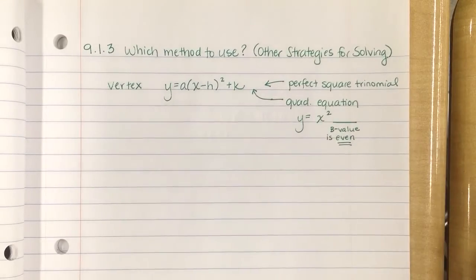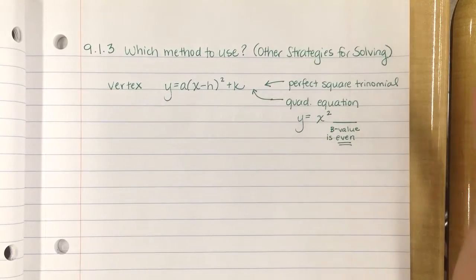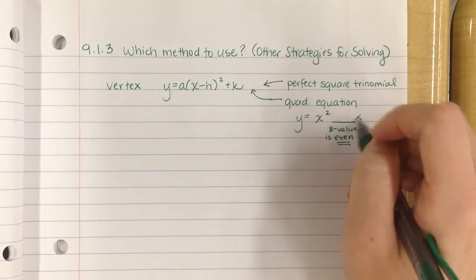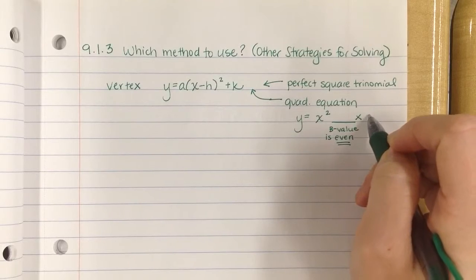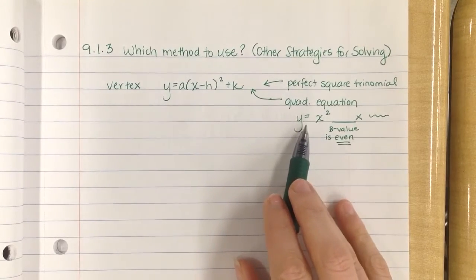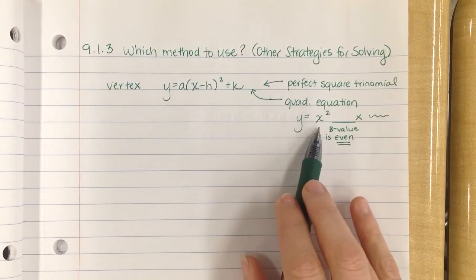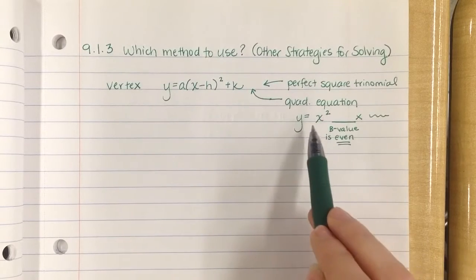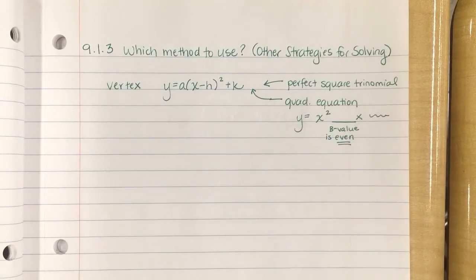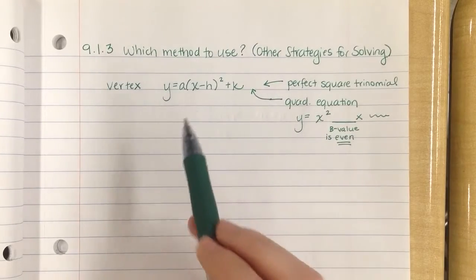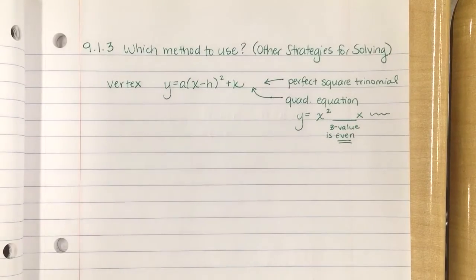If it's an even number, like 2, 4, 6, 8, or -2, -4, -6, -8, all with the x attached. It doesn't really matter what the c value is, other than the fact that the x squared has a coefficient of 1, or it's all by itself, as we say colloquially, and then the b value is even. If those two qualifications are met, it is a great thing to be able to immediately put it into vertex form. It's quick, fast, and easy to do it in that method.